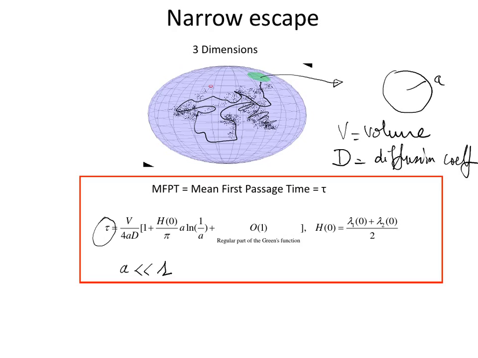So tau equals V divided by 4AD, and then we have the leading order term, which is 1, plus another term which is of the order of log of 1 over a, and h of 0 is the mean curvature.